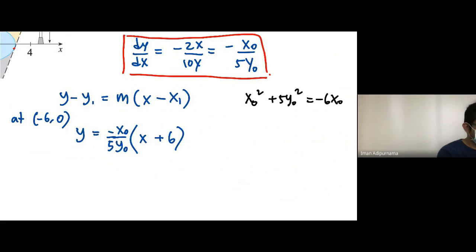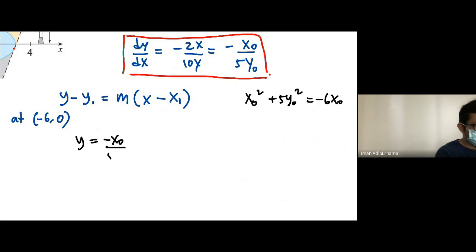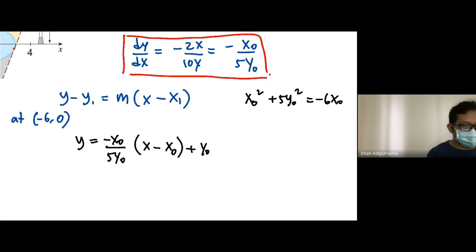Okay, let me write, maybe to make it more clear. So Y, X minus the 0 plus Y0.